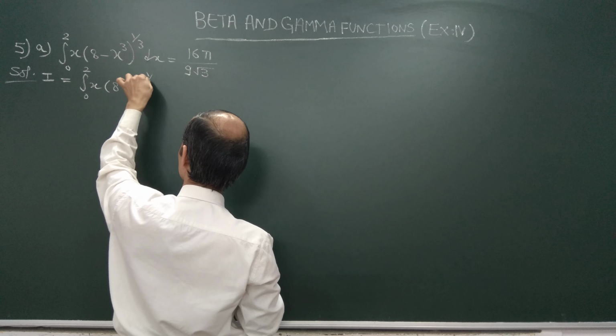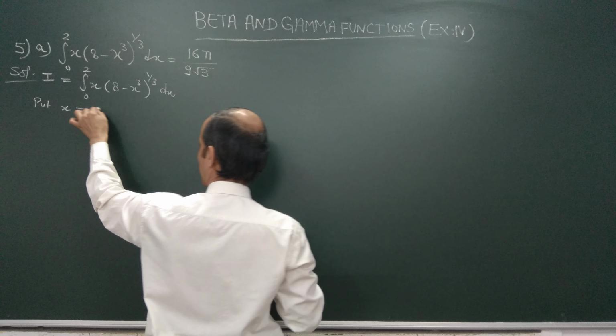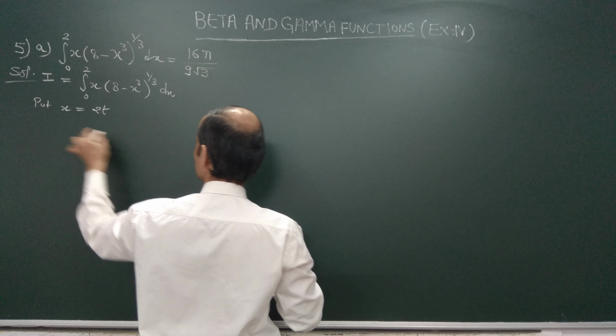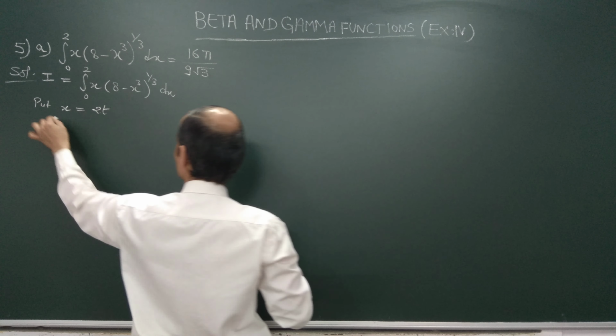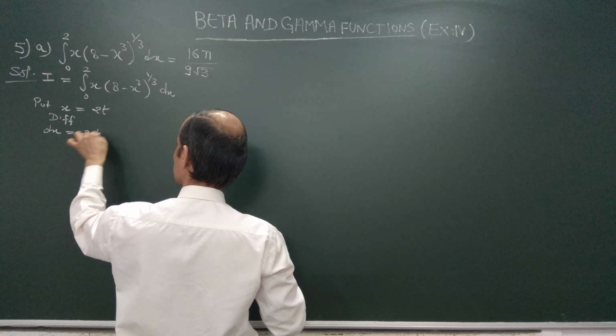First put x equal to 2t. Differentiating, we get dx is equal to 2 dt.